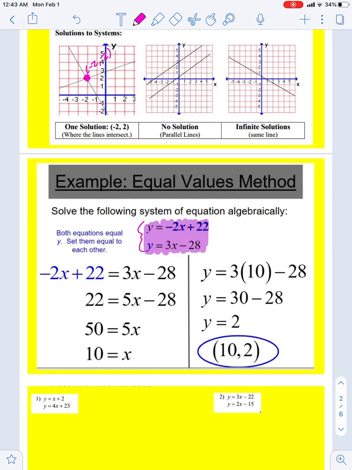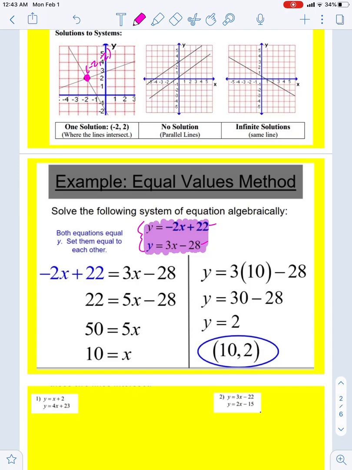Some people do, some people don't. Either way, it's fine. With the equal values method, we set these equations equal to each other. So here, I have -2x plus 22 is equal to 3x minus 28. All I did was take this equation and this equation and make them equal to each other.